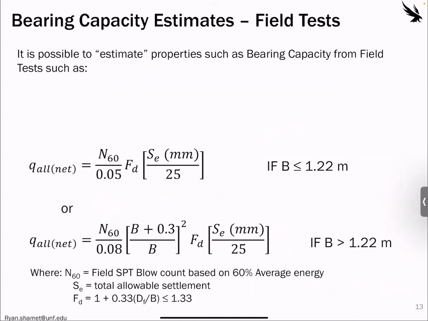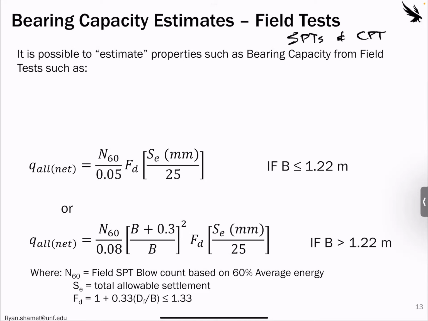Okay, so much like everything in geotechnical engineering, this is still being developed. And one of the ways it's being developed is looking at correlations from these field tests. So field tests are like the borings, the SPTs and the cone penetration tests, CPTs. These are always going to be performed at a site investigation.